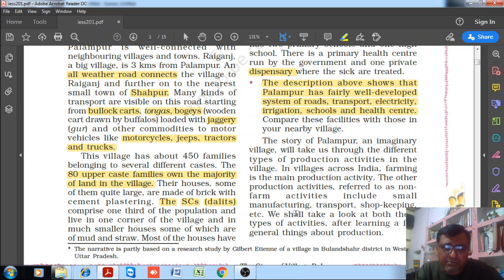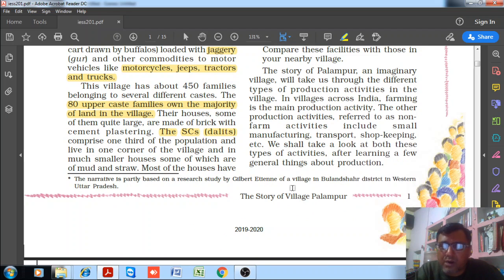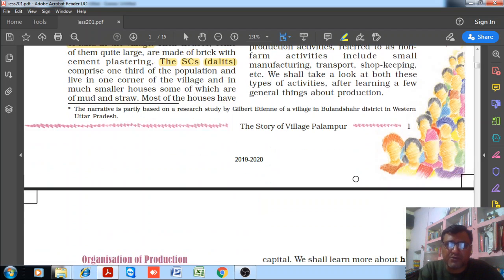Those are small manufacturing, transport, shopkeeping, etc. We shall take a look at both these types of activities, farm activities as well as non-farm activities, after learning a few general things about production. So right now this is all about the village Palampur, where all such activities are happening. This is an introduction of this village.